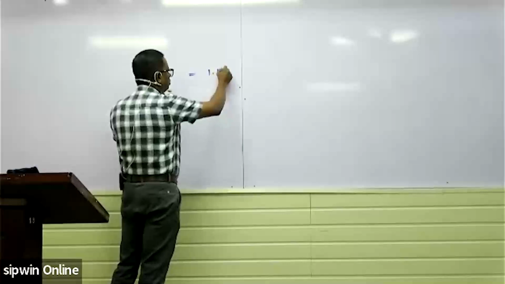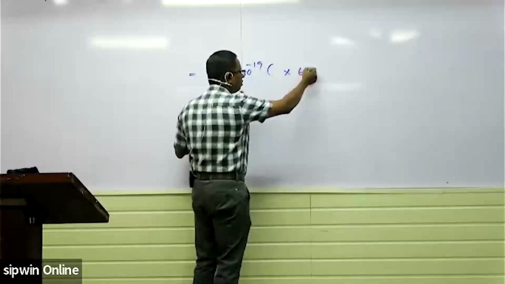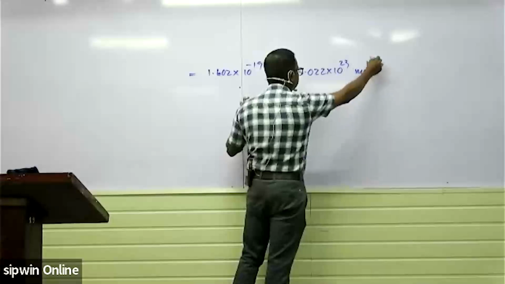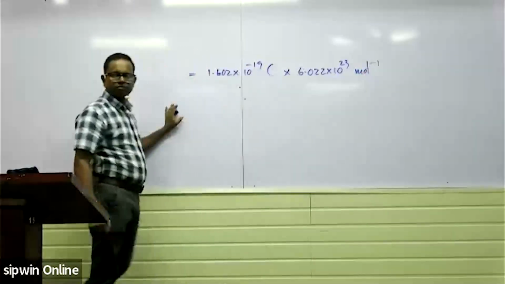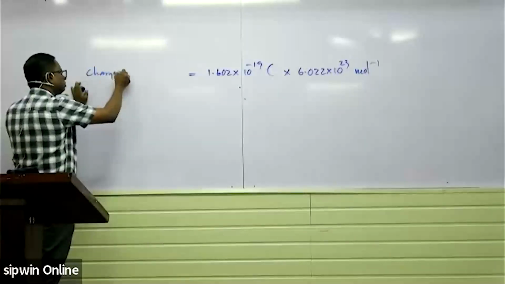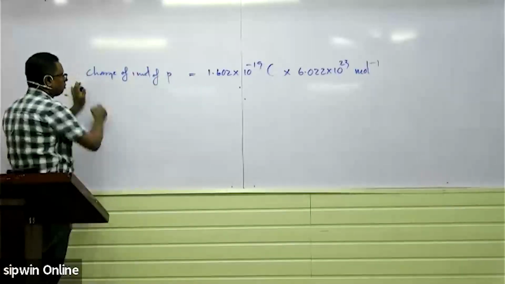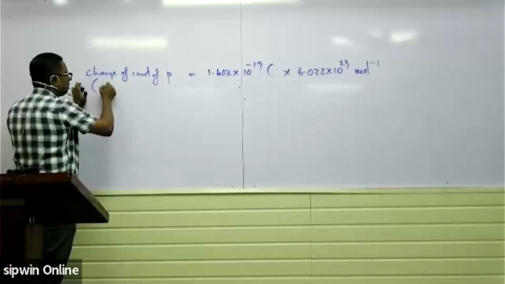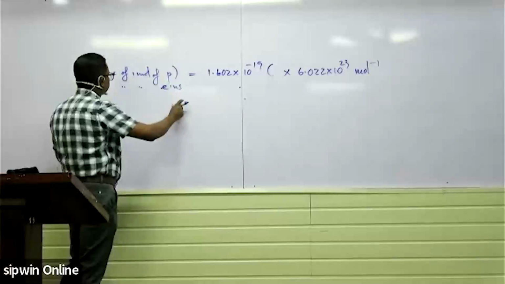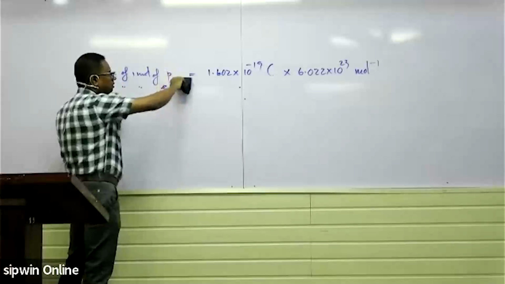Then 1.602 × 10 to the power minus 19 coulombs into 6.022 × 10 to the power 23 per mole. Charge of 1 mole of protons. Below this within a bracket, charge of 1 mole of electrons. In other way, 1 mole of electrons.